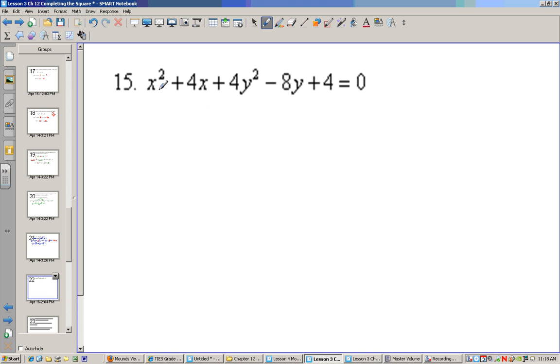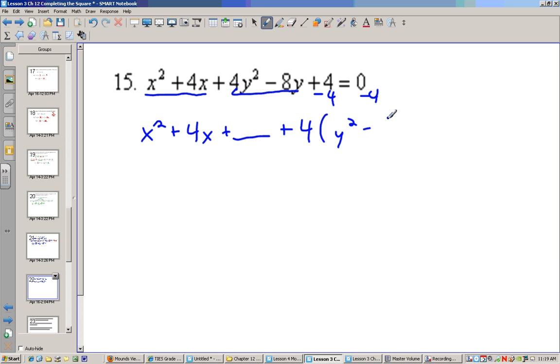Number 15. It's nice that our x's are together, our y's are together. Let's just move this 4 to the other side. So I have x squared plus 4x plus something, plus, let's take a 4 out of both of those, y squared minus 2y plus something is going to equal negative 4.